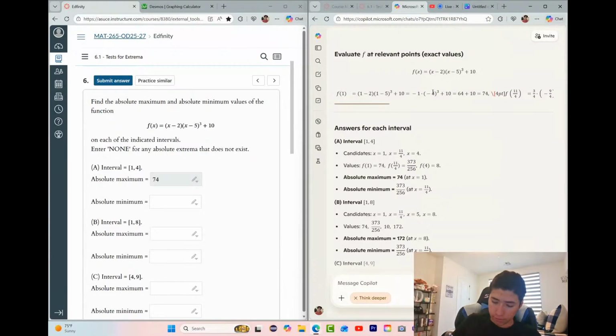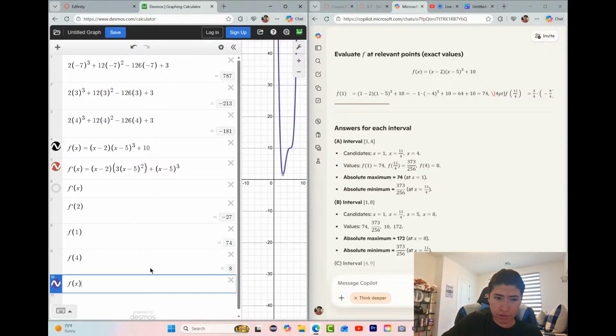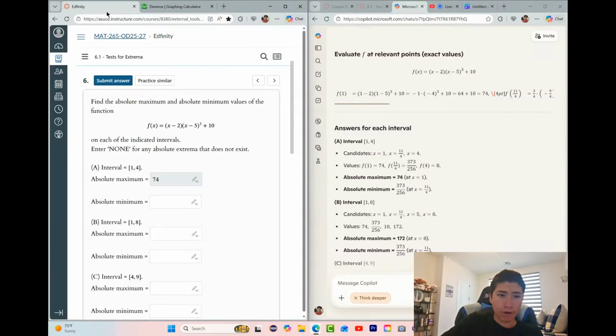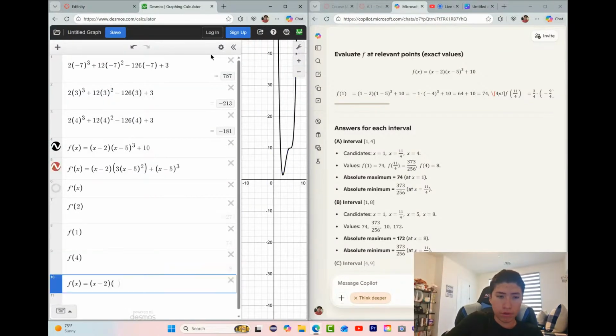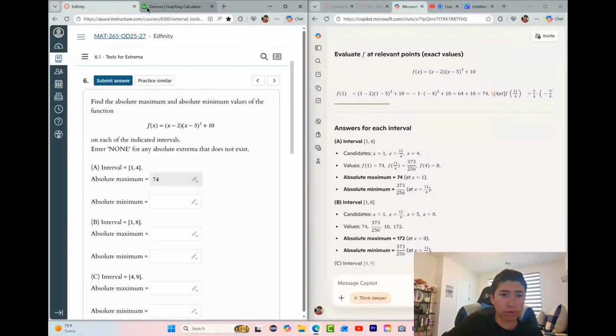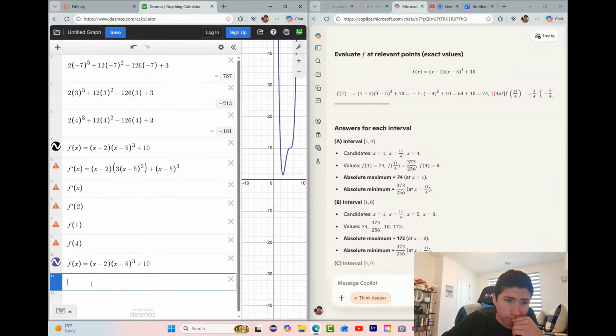Evaluate f. So this will probably take long, so I'll just use the calculator. So we have f of x equals x minus 2, x minus 5 to the power of 3, I think, plus 10. Right.